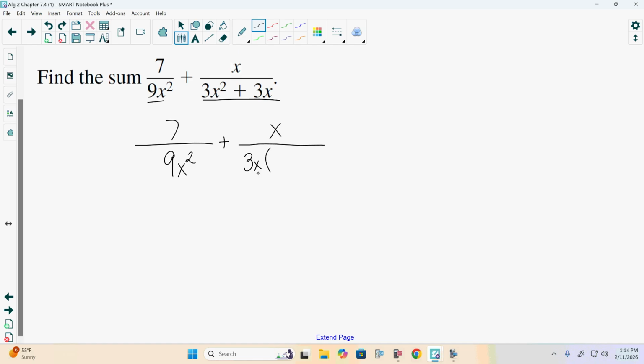And if we factor the 3x out of 3x squared, the 3 factors out completely, and our x squared is going to become x. Plus, when we factor 3x out of 3x, it factors out completely, giving us just plus 1. Now, both of those are factored out completely.